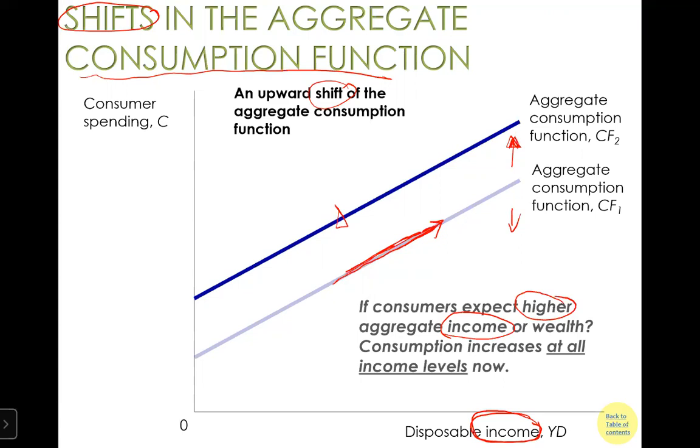How do we understand that? It just says if my disposable income today is fixed at this level, my consumption spending is going to increase by this amount. Intuitively, this is an increase in consumption.